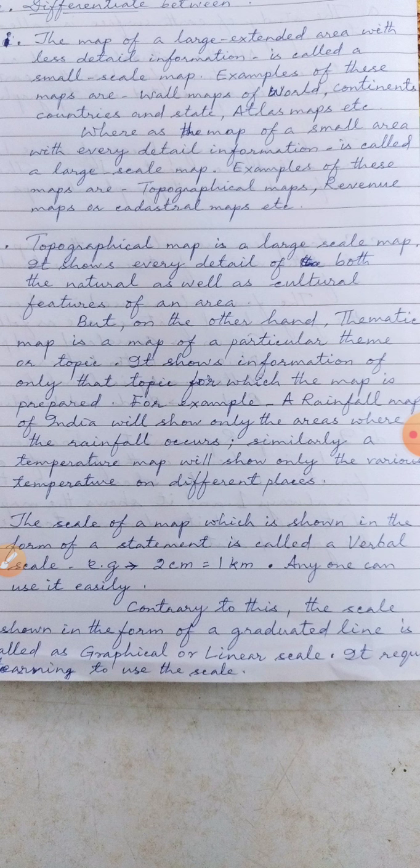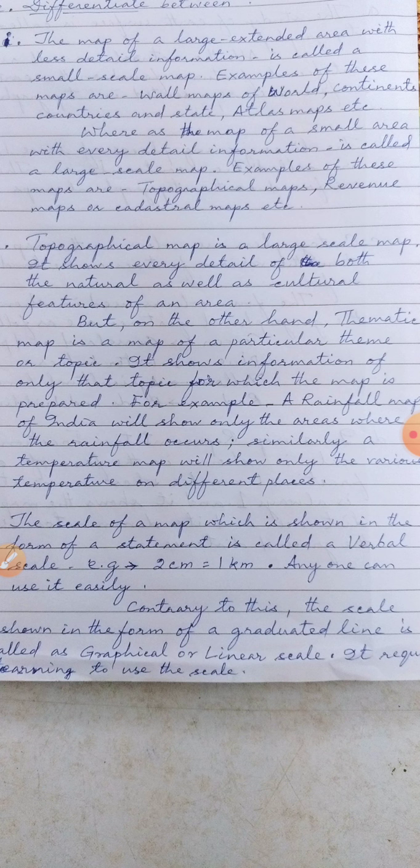Okay, now after that one you can see in the next paragraph I have written, but on the other hand, thematic map is a map of a particular theme or topic. So you can see this theme means nothing but a topic. So it shows information of only that topic for which the map is prepared.